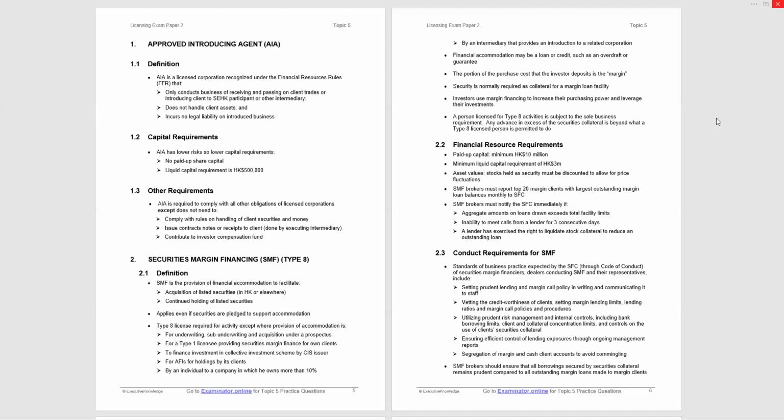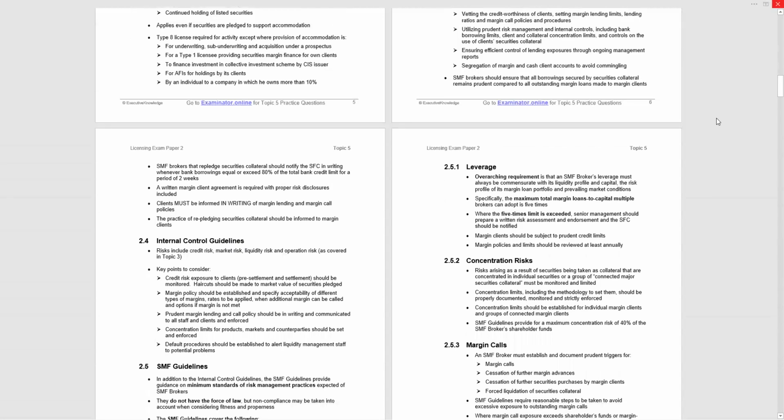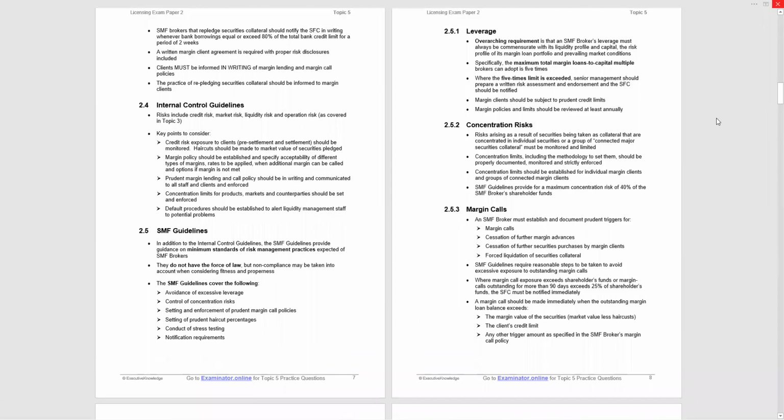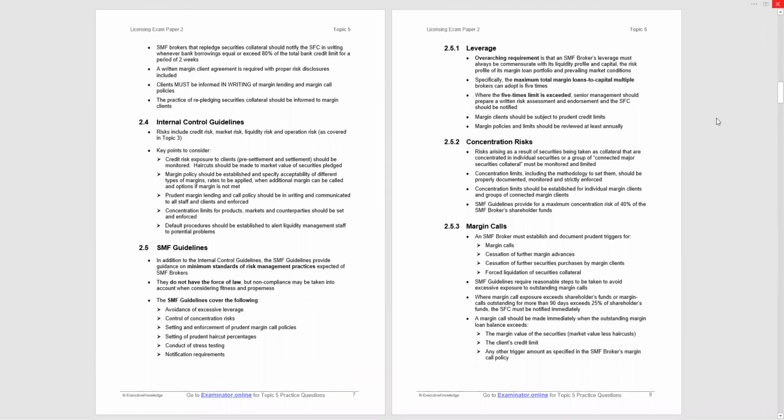So what we will see now is all the procedures and controls that the SFC expects securities margin financiers, pure financiers, that's the Type 8 licensees, to have in place. And that is what you will see under sections 2.3, 2.4, 2.5, and 2.5 covers leverage, concentration risks, margin calls under 2.5.1, 2, and 3.